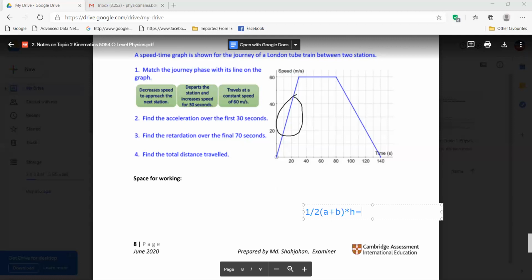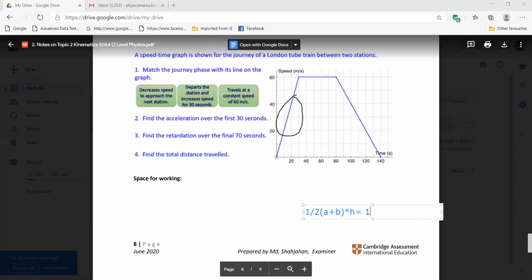So this one is giving you the answer, right? What is A? What is B? A is 80 minus 30, which is 50, and 80 minus 30. That gives 50, right?